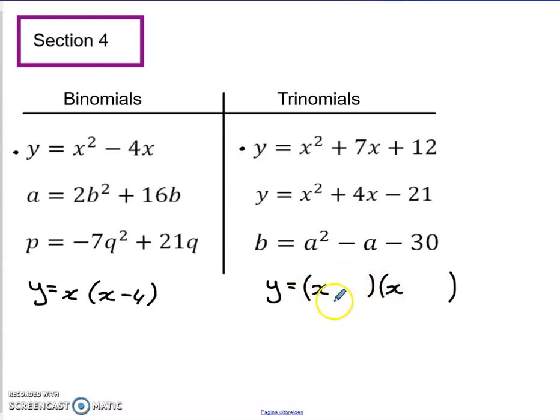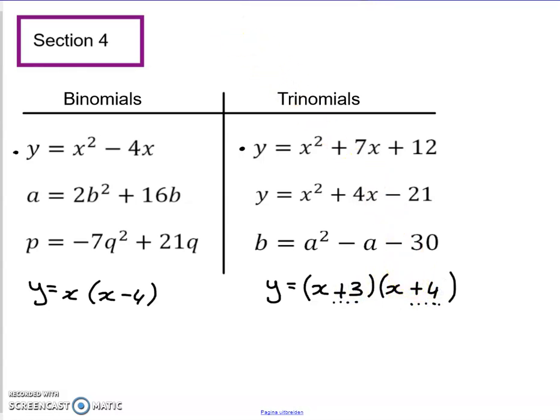And then we need to find two special numbers that should be over here and over there. At this point I'm going to tell you those numbers. Later on I will tell you how to find these numbers. For now it's just that you know what a factorized trinomial looks like. And over here we should find plus 3 and over there plus 4.